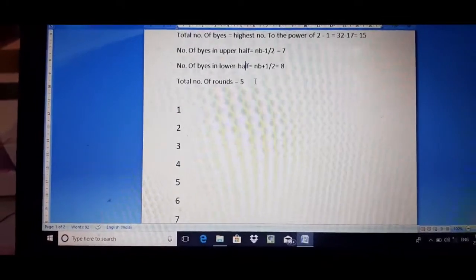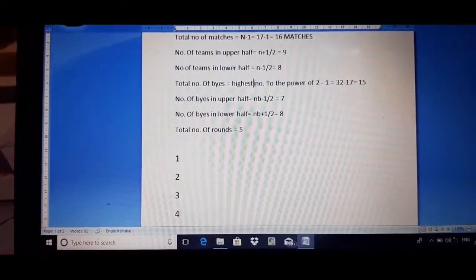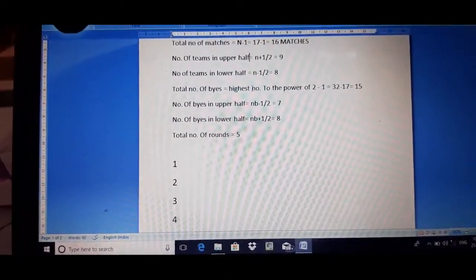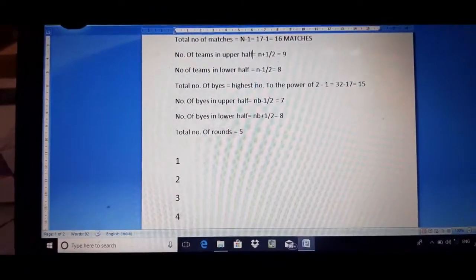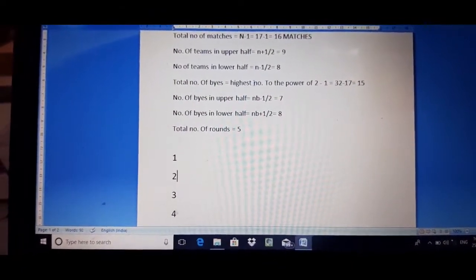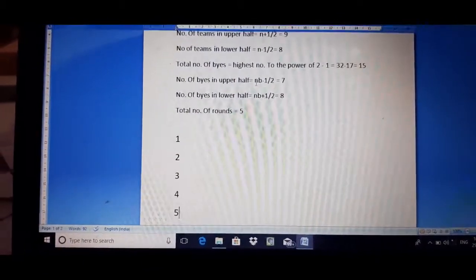The next thing you have to do is check the number of teams in the lower and upper half. The number of teams in the upper half is 9, so you count 9 from here: 1 2 3 4 5 6 7 8 and 9. Till here the teams are in the upper half.